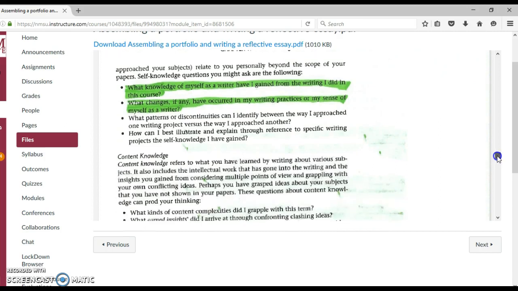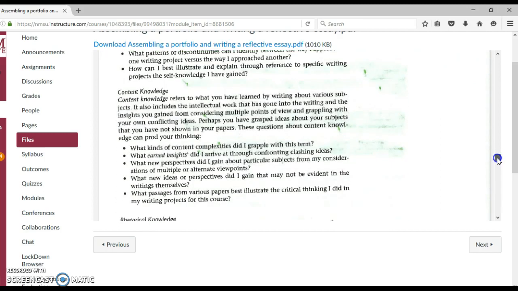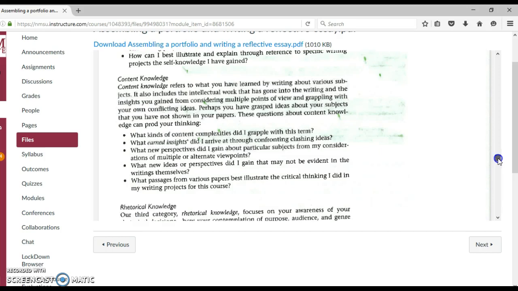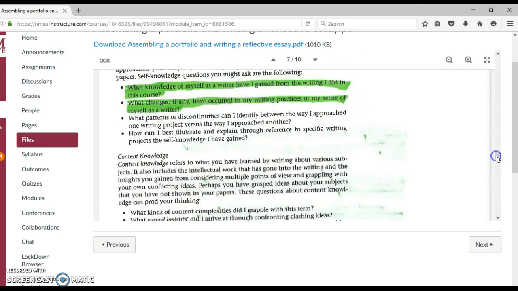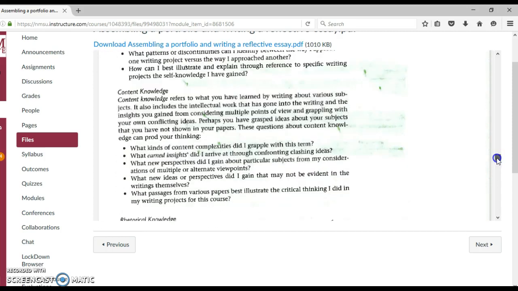You also want to show content knowledge in the letter, which basically means that you want to discuss assignments, readings, essays that we've done this semester, things we've learned. For example, we learned about APA, we've learned about fallacies. All of those things are things you want to discuss here. The assignments or the lessons that had the most impact on you, you want to discuss those in your letter to show that you have content knowledge.